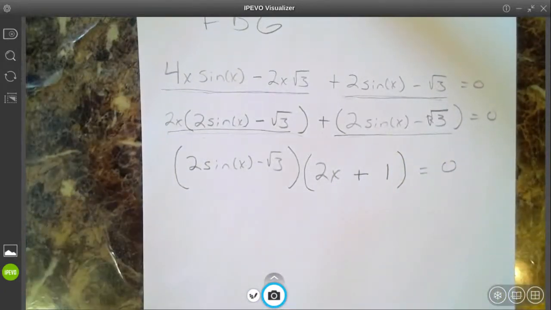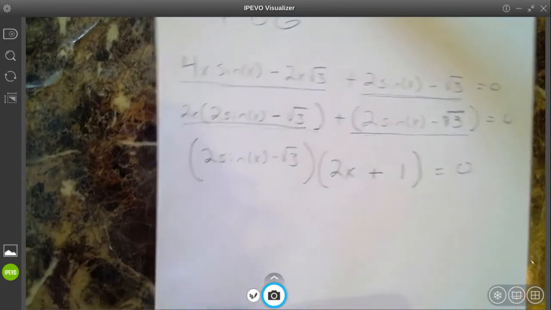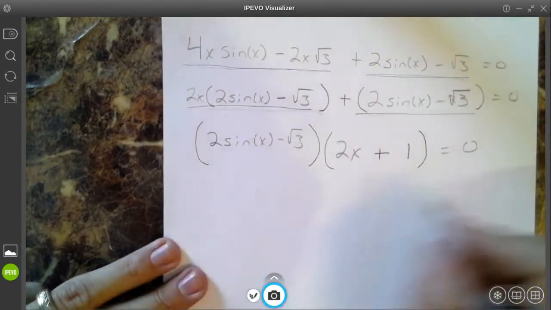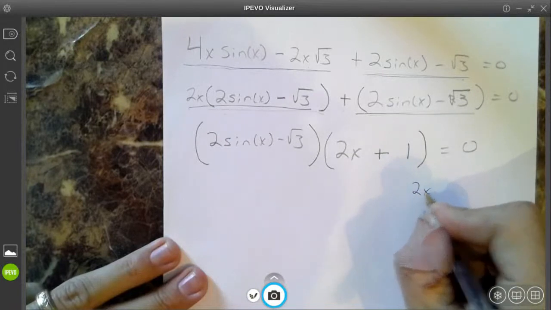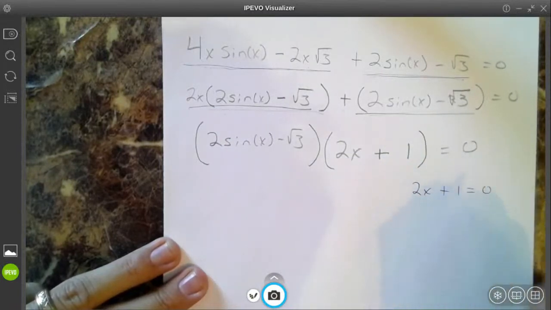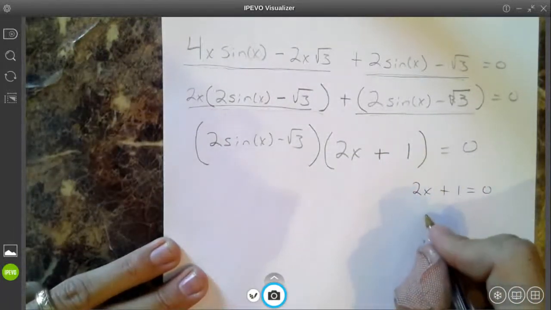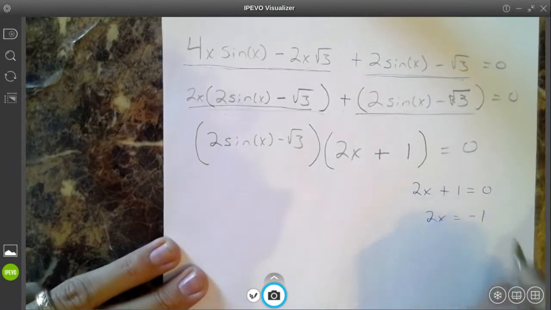Now it's in factored form, so we can set each factor equal to 0 and solve. Let's do the easy case first. 2x plus 1 equals 0. Move the 1 over, you get negative 1. Then divide by 2, you get negative 1/2.